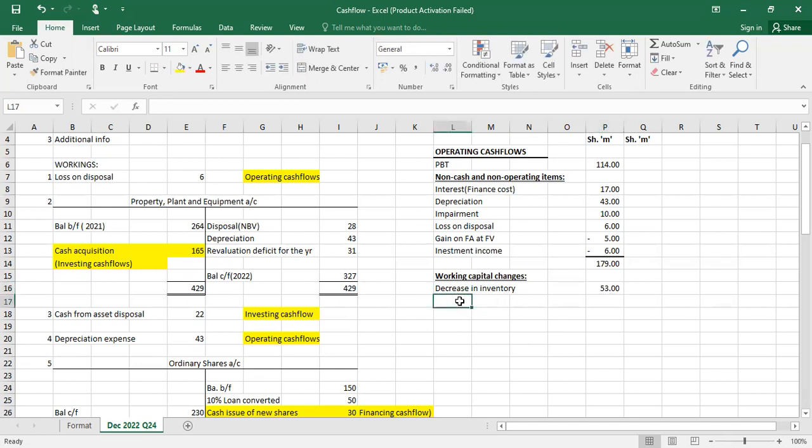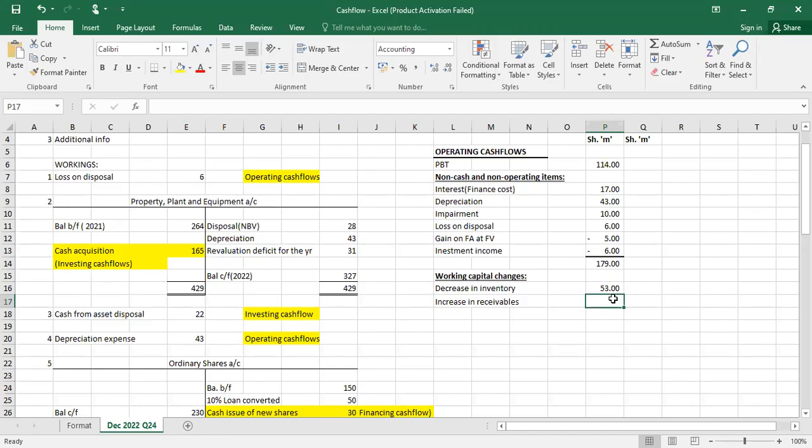Let's go to receivables. Did the receivables increase or decrease? It increased. There was an increase in receivables. So we say that increase in receivables, and the receivables increased by how much?